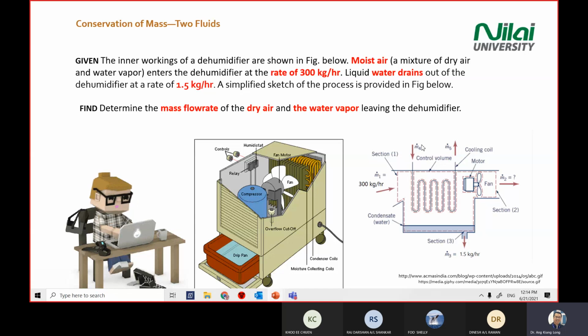So this question can be complex or simple, depending on whether the question wants to include these two, M4 and M5, because M4 is actually a cooling agent that goes into the coil here, which makes the moist air condense some water, converting the moist air to water and dry air.